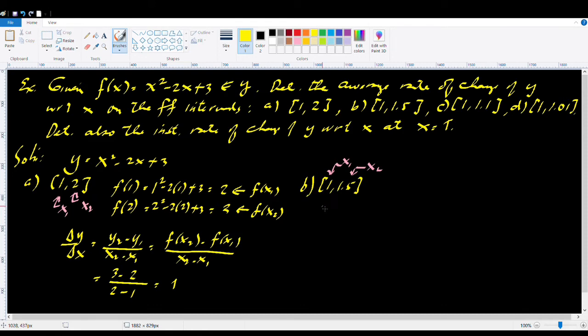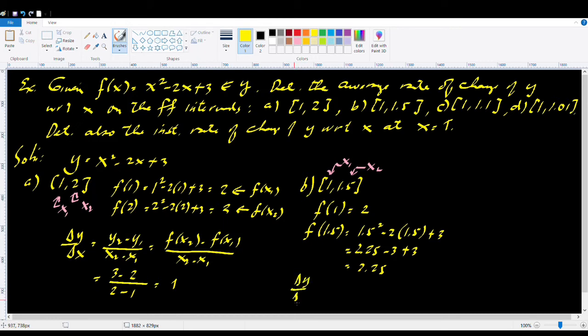So f of 1 is still 2, but your f of x2 is f of 1.5, which is equal to 1.5 squared minus 2 times 1.5 plus 3. So 2.25 minus 3 plus 3 gives us 2.25.